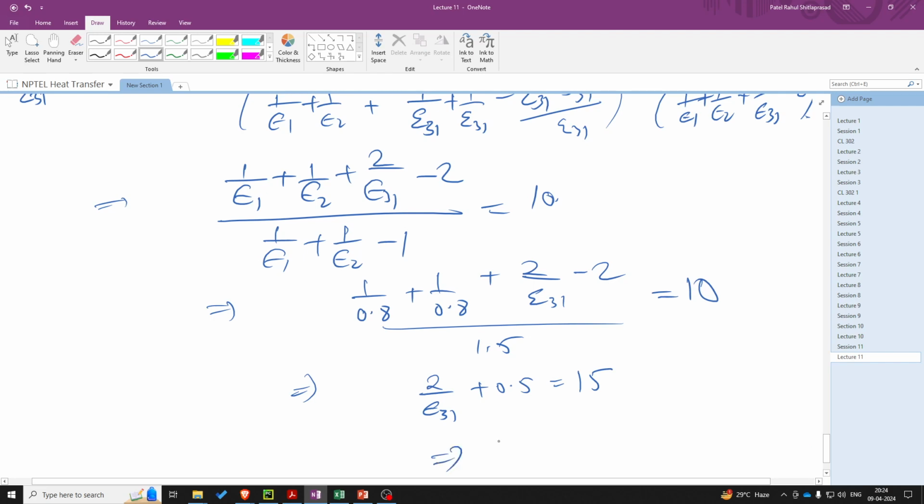So if we solve this, the value of epsilon 3 will come around 0.1379. That is, the emissivity of the shield will be approximately 0.138.